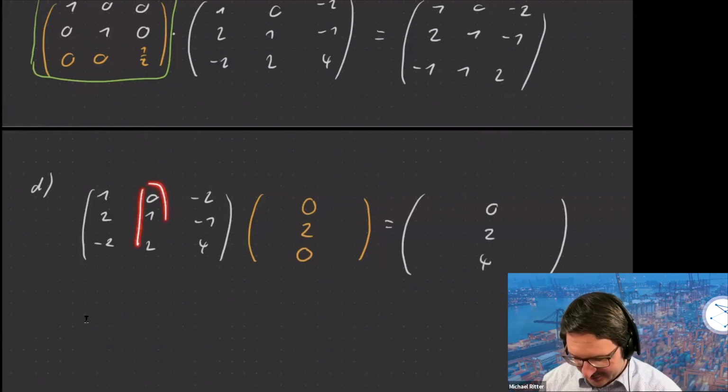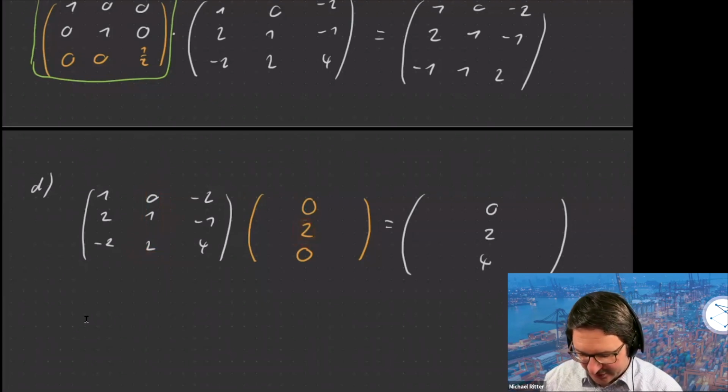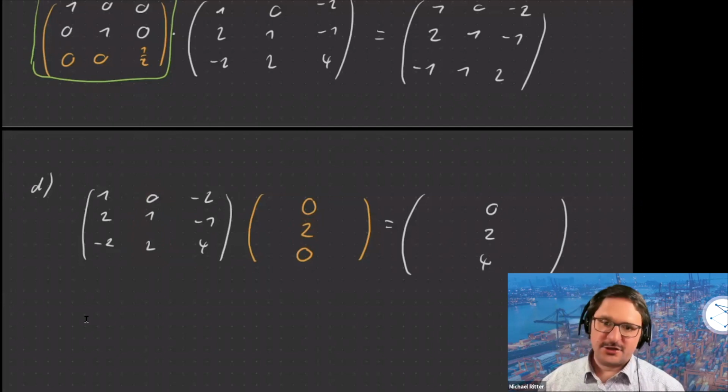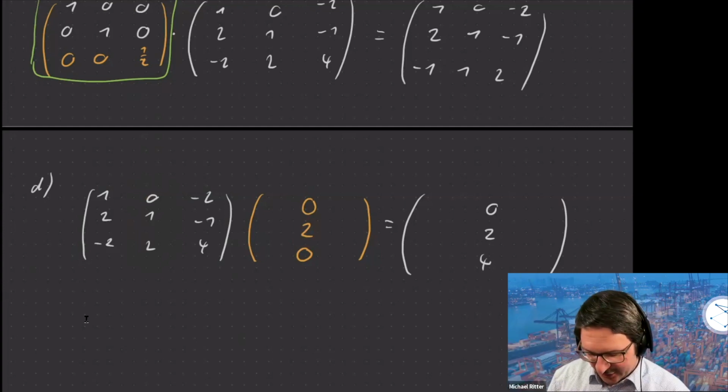Exactly 2 times this column here, because that 2 here is always associated to that column. And again, for the other 2 columns, I just need to copy the columns that are already there. Or in other words, I need to take a linear combination that consists of 1 times the column I want to copy and 0 times everything else. So here I copy column 1, like this.